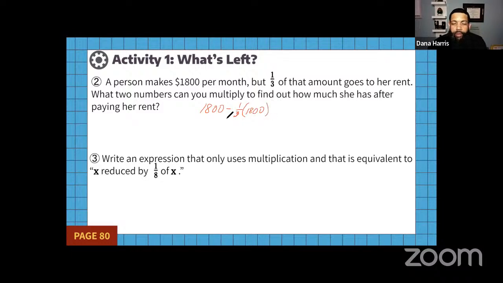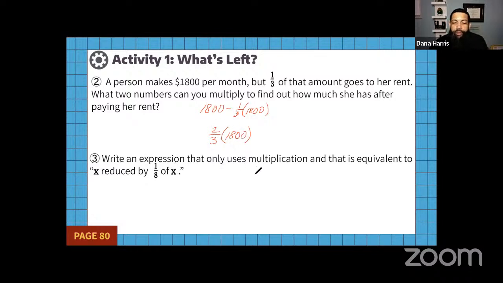You can multiply 2/3 times 1,800. Why is that? Because if I take away 1/3 of the 1,800, you have 2/3 of the 1,800.